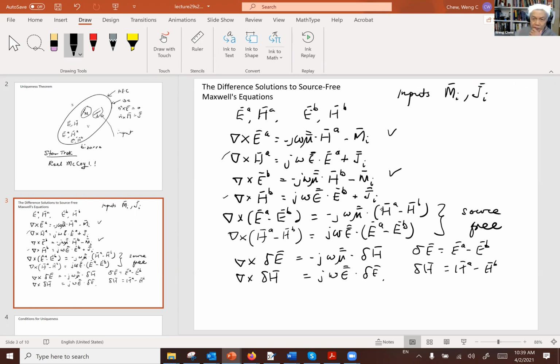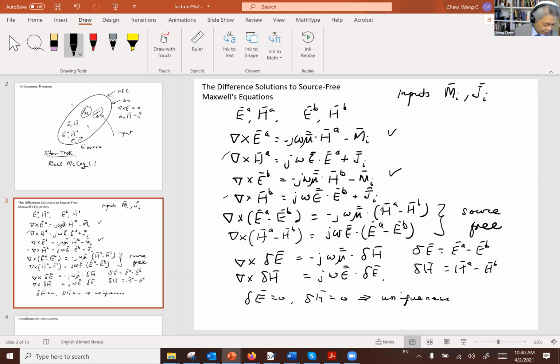Okay, so ideally, we would like delta E to be 0, delta H to be 0, to guarantee uniqueness. But sometimes you'll find that delta E is not 0, delta H is not 0, and uniqueness is not guaranteed.